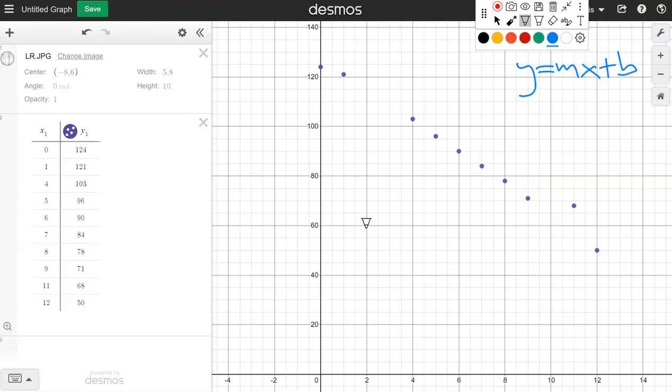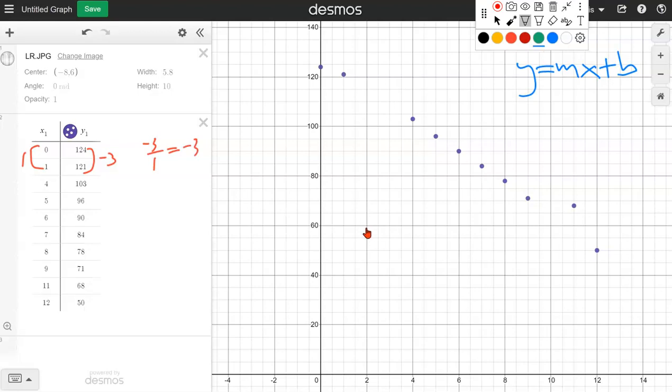So if 0, 124 is our y-intercept, what do you notice about the slope of this? So let's say the first two. If you get the change in y over the change in x, 121 minus 124 is negative 3. The 1 minus 0 is 1. If we divide that, negative 3 divided by 1 is equal to negative 3.